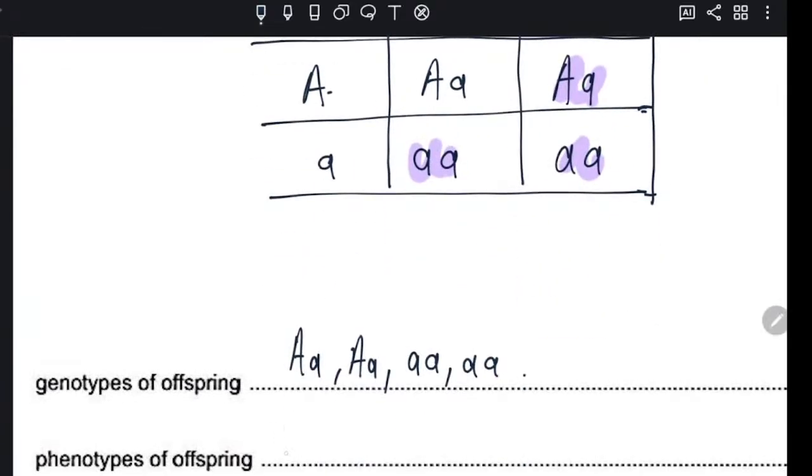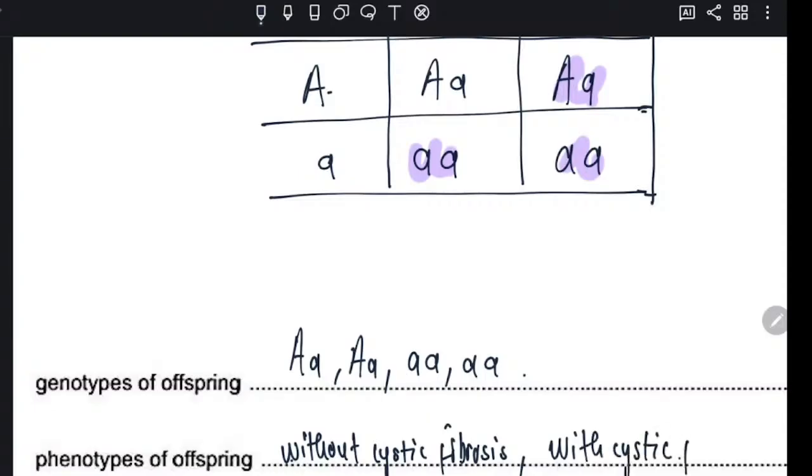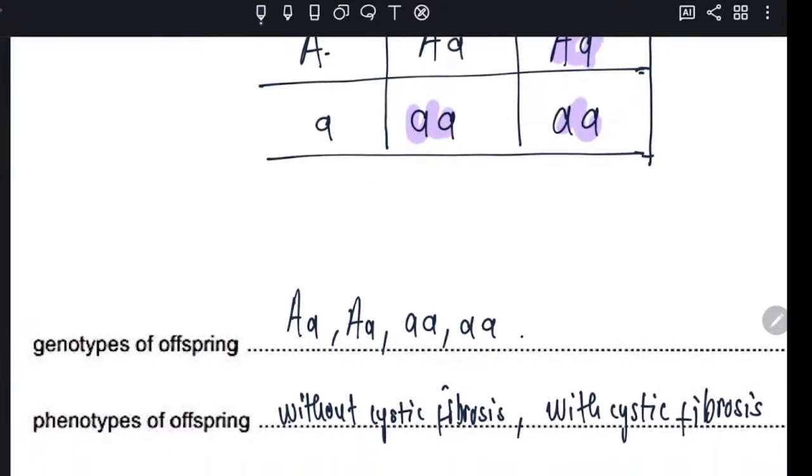So the phenotypes are without cystic fibrosis, because we are dealing with cystic fibrosis, and small a, this one has it, so it's with cystic fibrosis. So we have people without cystic fibrosis, then we have people with cystic fibrosis.